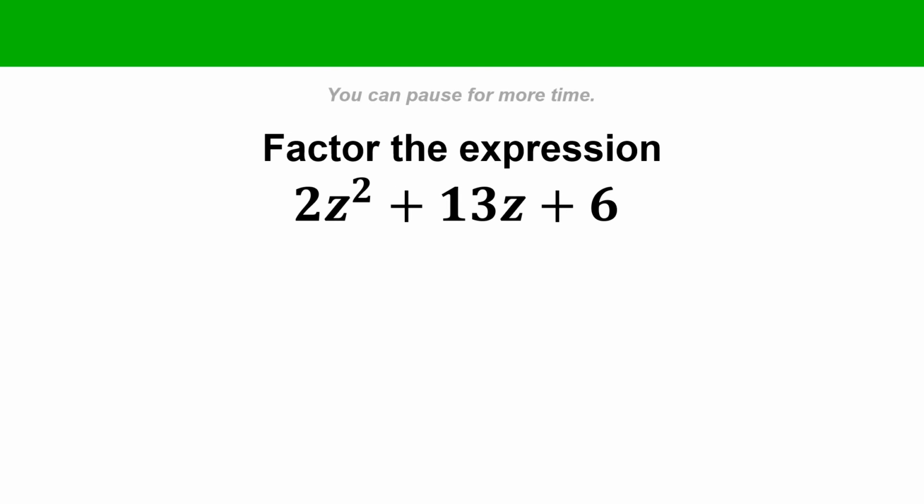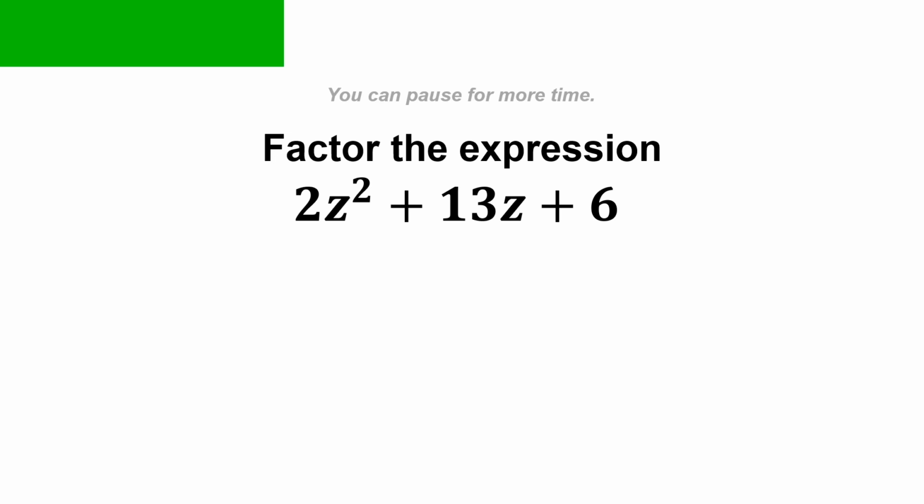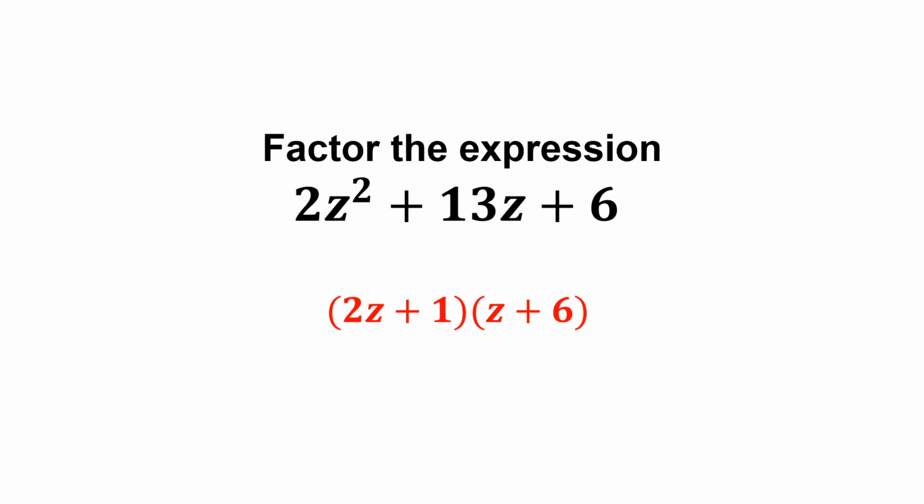Factor the expression 2z squared plus 13z plus 6. The factored form is 2z plus 1 times z plus 6.